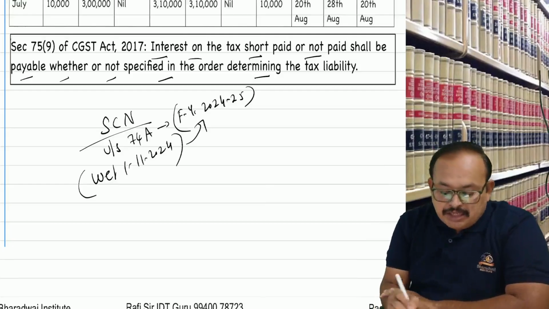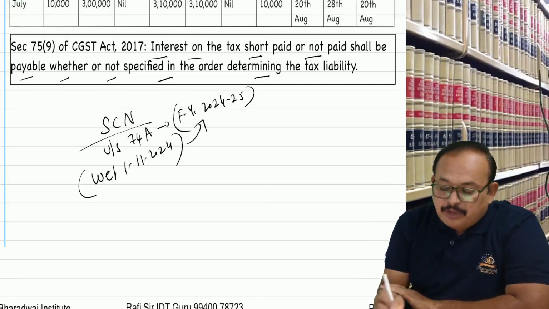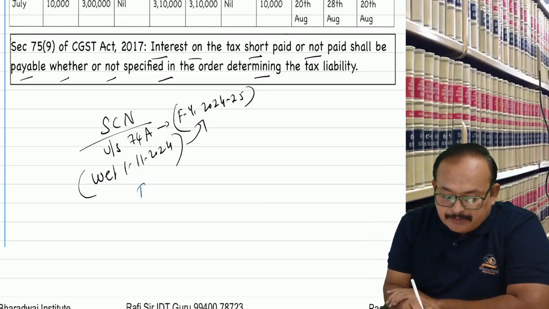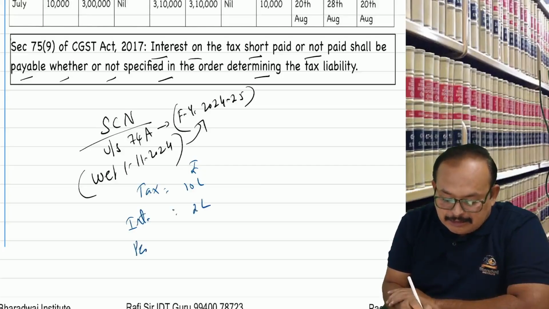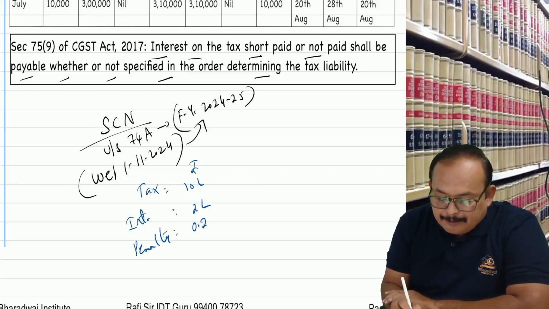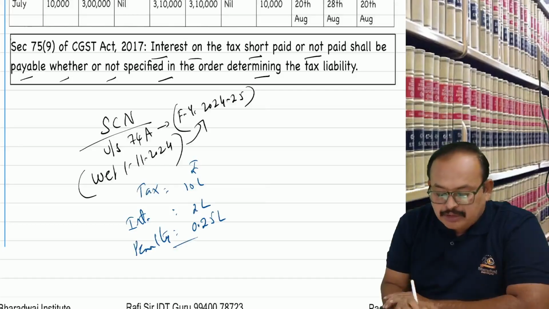In that case, the show cause notice contains the following details. Look here. Tax 10 lakhs, interest 2 lakhs, penalty 25,000. Totally 12 lakh 25 thousand rupees.